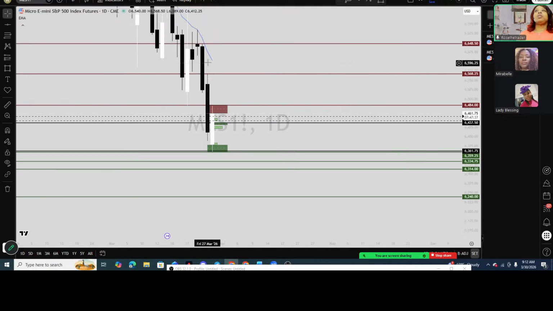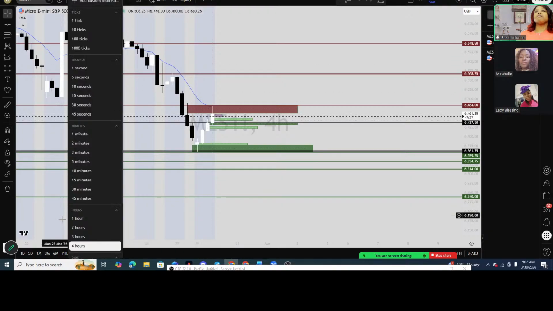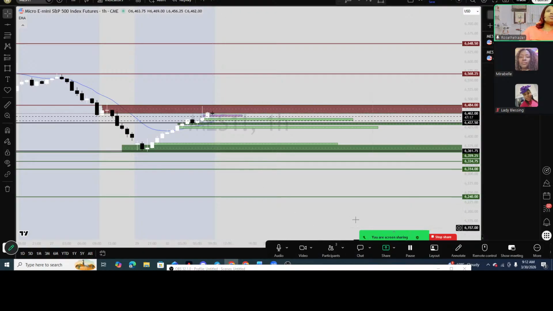So based on this, on the daily, the trend is down. On the 4 hour, the trend is down. On the 1 hour, the trend is up, but the trend is hitting resistance. We are at this resistance area, so we are looking for shorts.